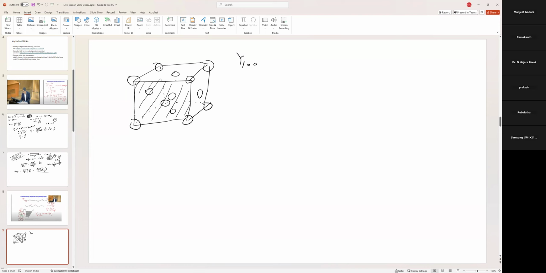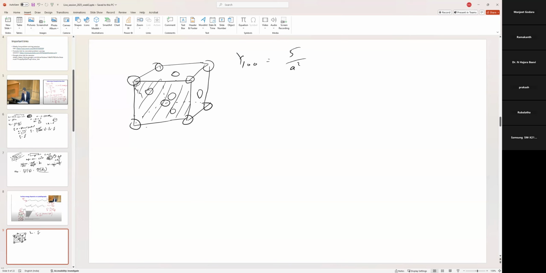So here, what would happen? You count the number of bonds broken. The number of bonds would be 1, 2, 3, 4, and the fifth, divided by the area of this face, so a squared. Similarly, for this unit cell, each atom is only represented by 1/4 here.